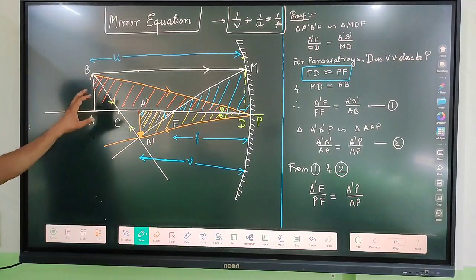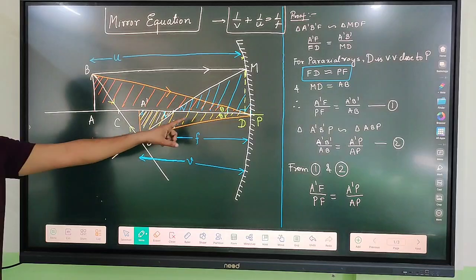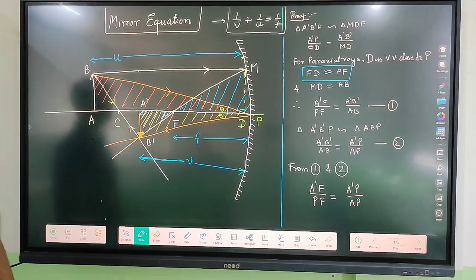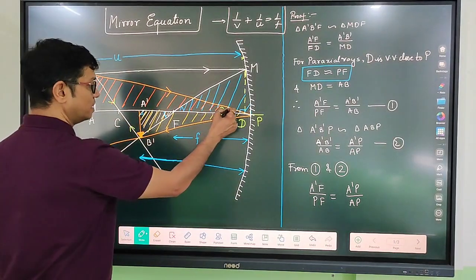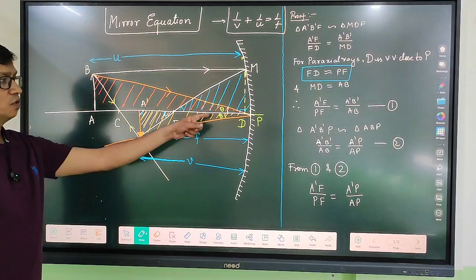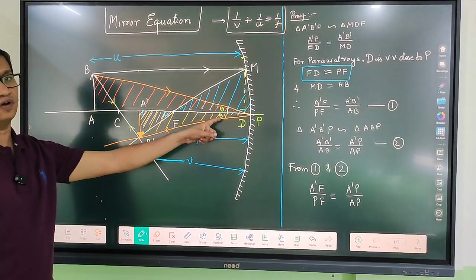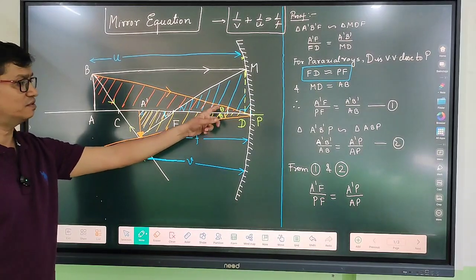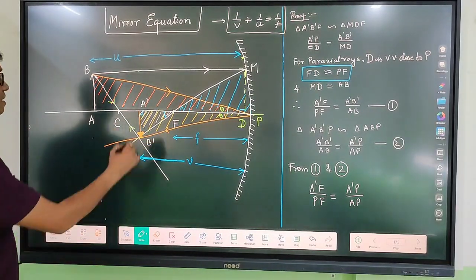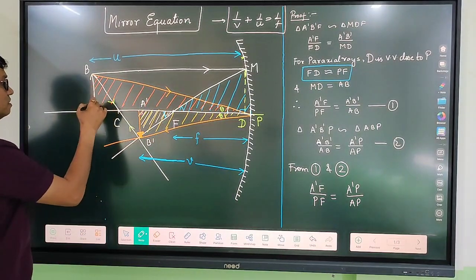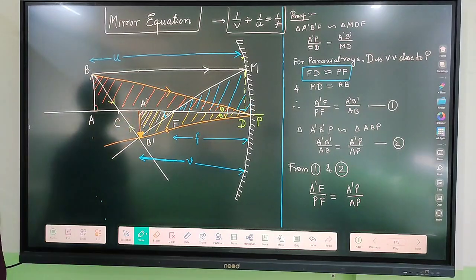I hope you're able to focus on these two triangles. Now A dash B dash P and ABP are similar again. Why? These two angles are equal. Why are these two angles equal? Because one is the angle of incidence and one is the angle of reflection, so the law of reflection gives us this, and the other angle is 90 degrees here and 90 degrees here. Again these two triangles become similar. Now if these two triangles are similar, what can we say?